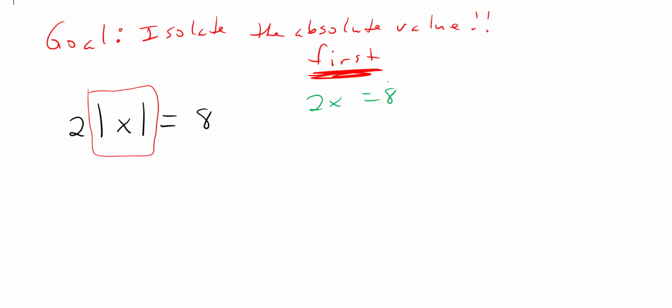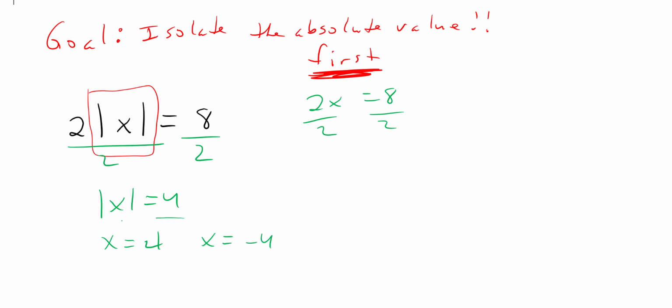How do I get rid of the 2? It's multiplied. So what do I do? I divide both sides by 2. So this is the same thing. I'm going to divide both sides by 2. And I get absolute value of x equals 4. And now I solve that problem. Okay? So I get x equals 4 and x equals negative 4. That's pretty straightforward. Okay, those are my 2 answers.